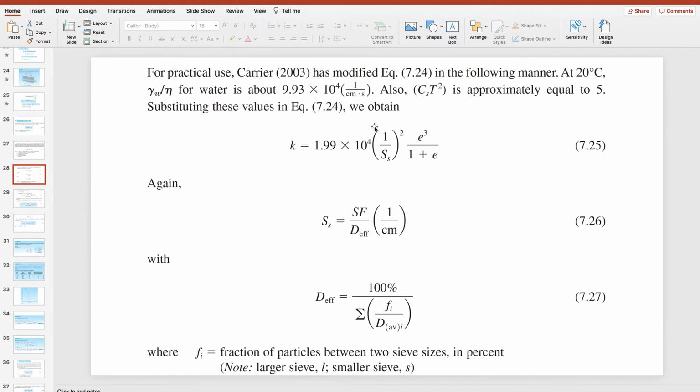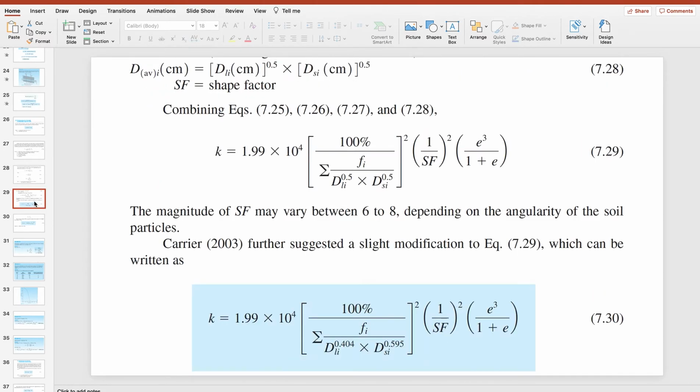So, he modified that and came up with this equation, where F sub I is the fraction of particles between two sieve sizes in percent. So, combining equations 7.25, 26, 27, and 28, we came up with equation 7.25. The magnitude of the SF or the shape factor may vary from 6 to 8 depending on the angularity of soil particles. Carrier further suggested a slight modification and came up with equation 7.30.